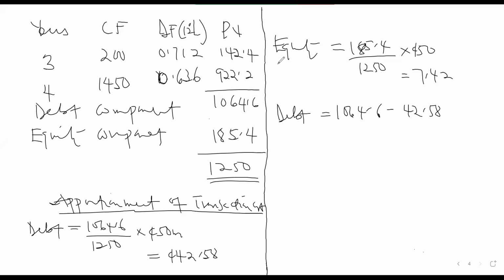So if you are capitalizing a transaction cost, you are going to debit it. It's an expense. So this will be how much? 1022.02. The 1064.6 minus 42.58, what are we getting? 1022.02.